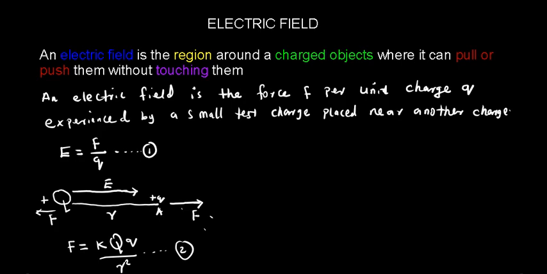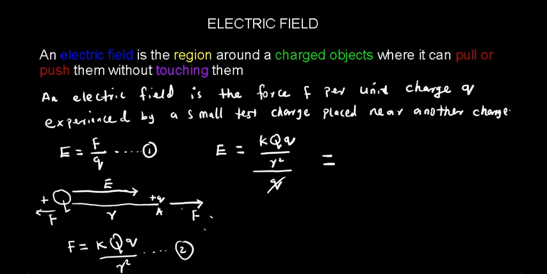Now, putting equation 2 in equation 1, we will have that E, which is the electric field, equals, instead of writing F, we write K, big Q, small q over R squared, divided by small q.